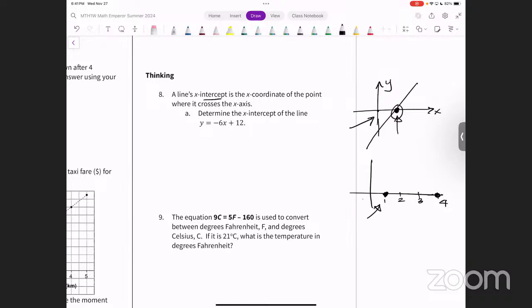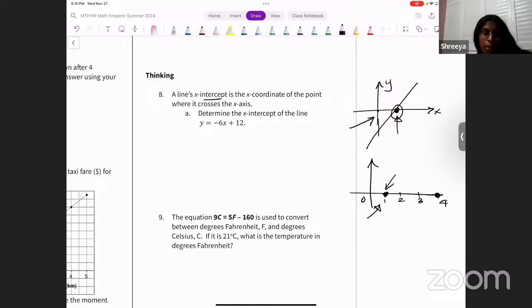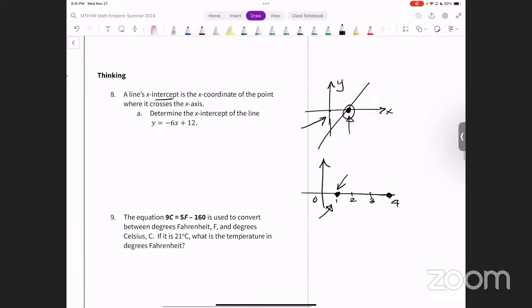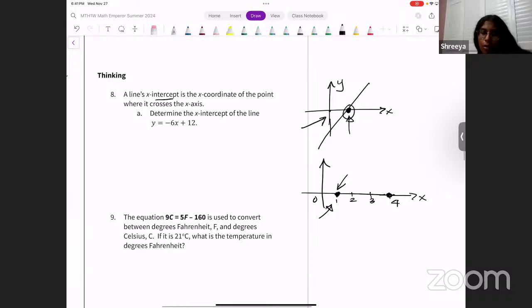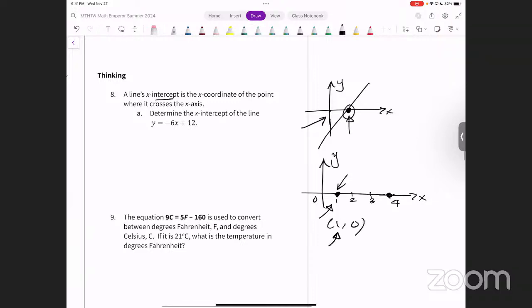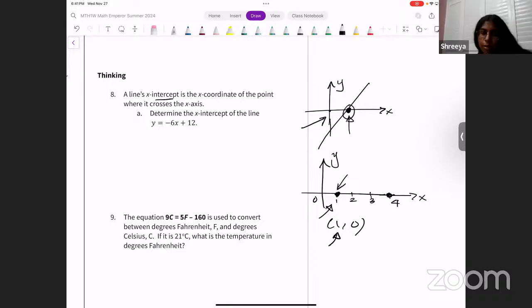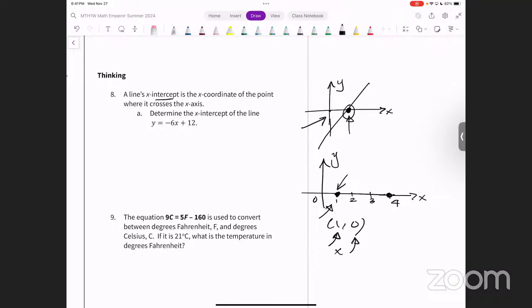What is the coordinate of the point? Coordinate always has a pair of numbers, you don't say just 1. What is the coordinate of that point? (1, 0). What is 1 representing, the x-coordinate or the y-coordinate? The x-coordinate. What is the y-coordinate? 0.